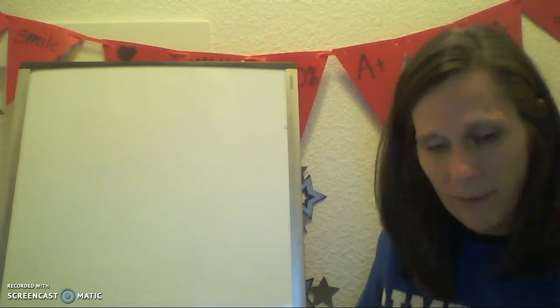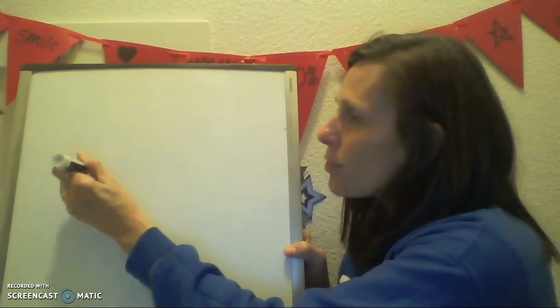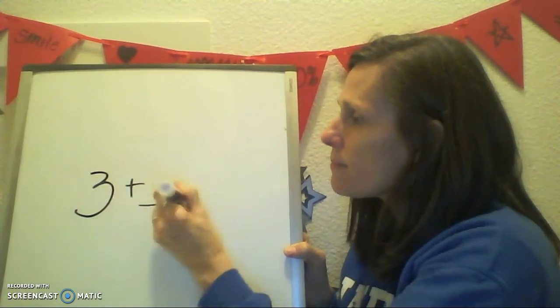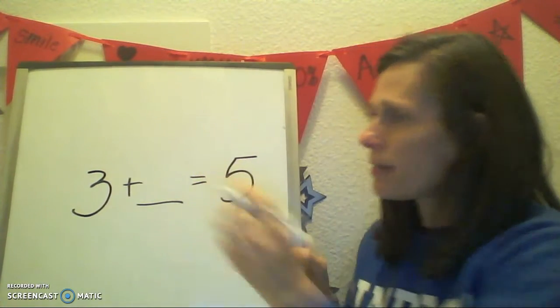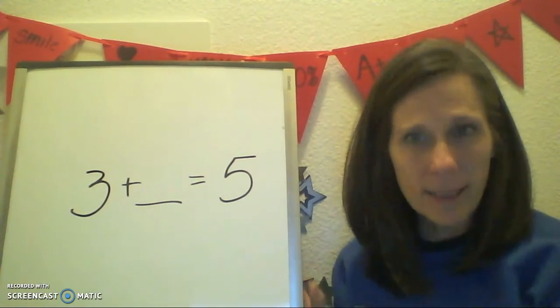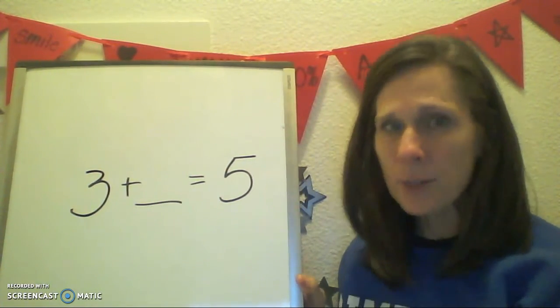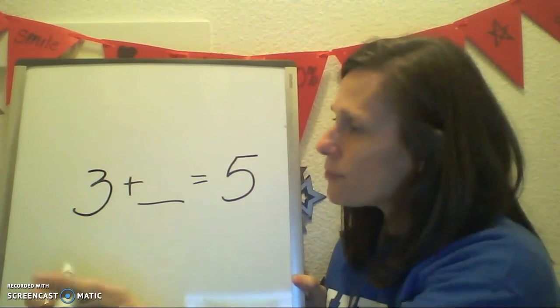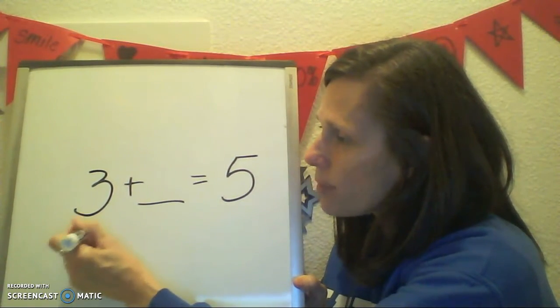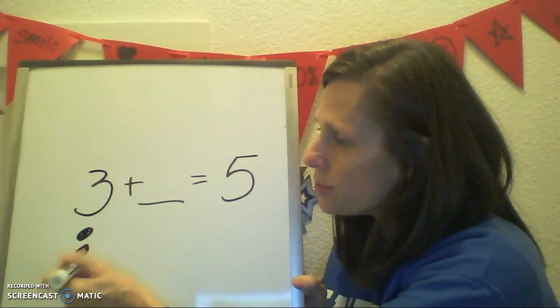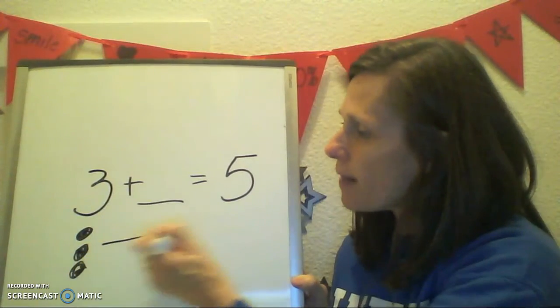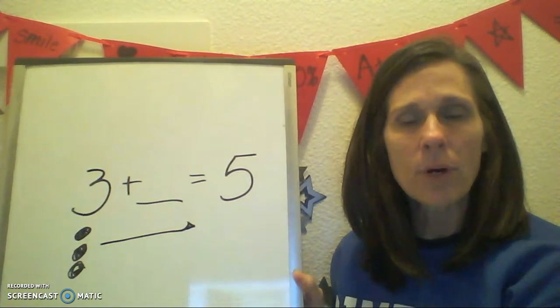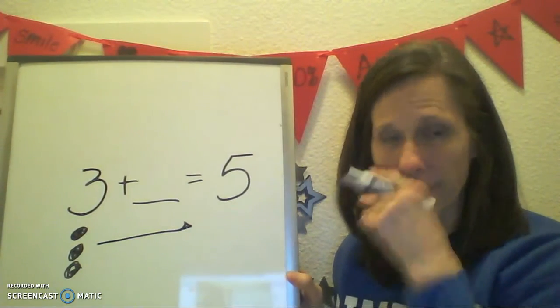Let's say we have a problem like this: 3 plus something equals 5. If I have 3 circles, but I have to get to 5 circles, how many more circles do I need to make a group of 5?